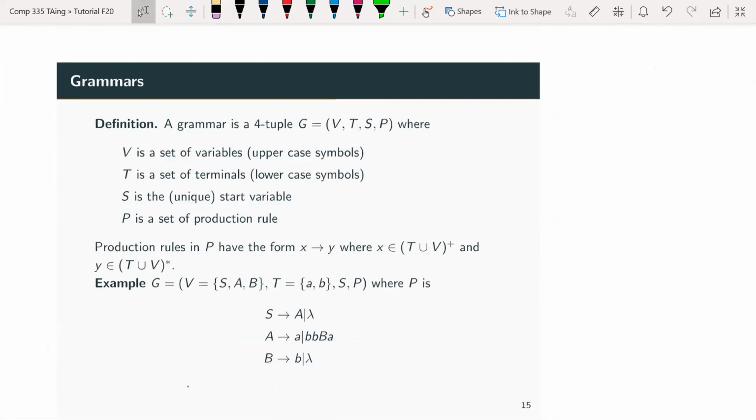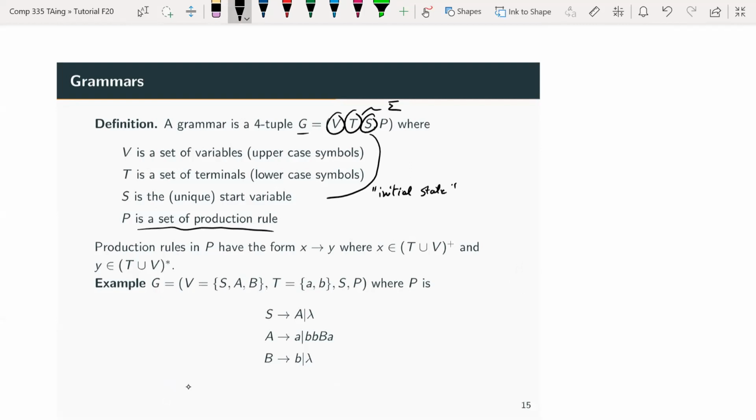A grammar is a four-tuple G, consisting of a set of variables, a set of terminals, which you can think of as your alphabet, a single start variable, which you can think of like your initial state but for grammars, and a set of production rules P.